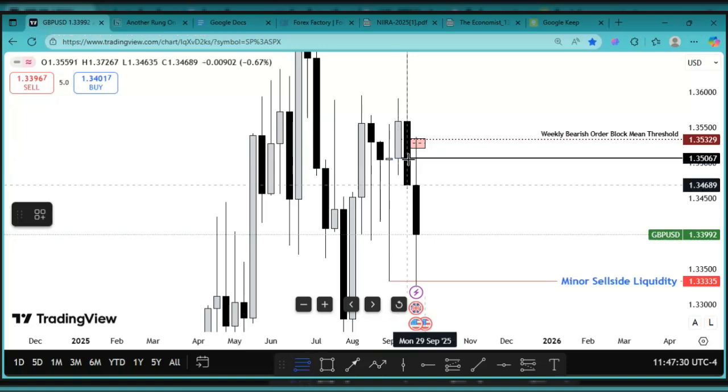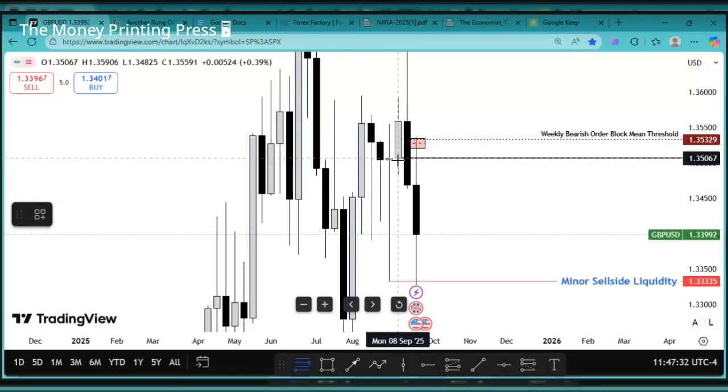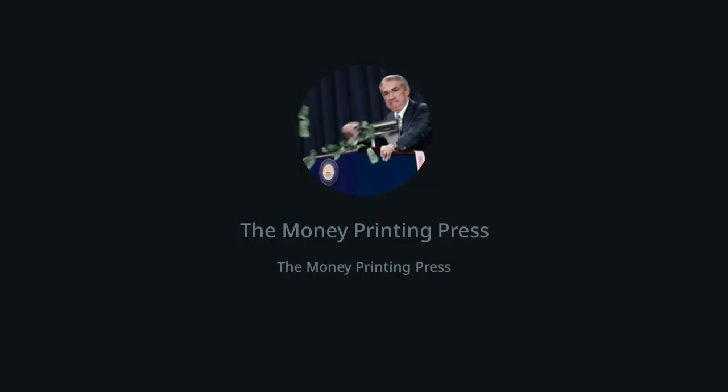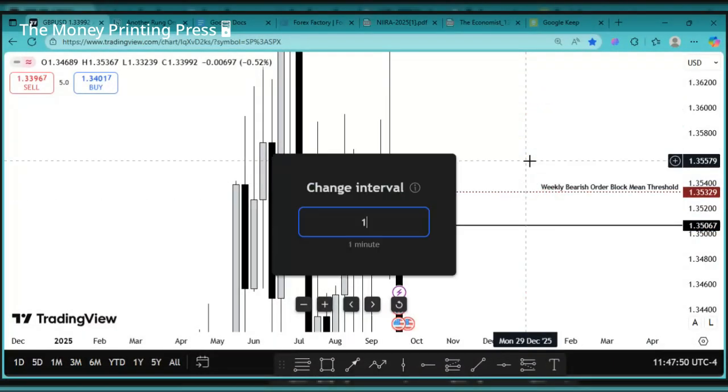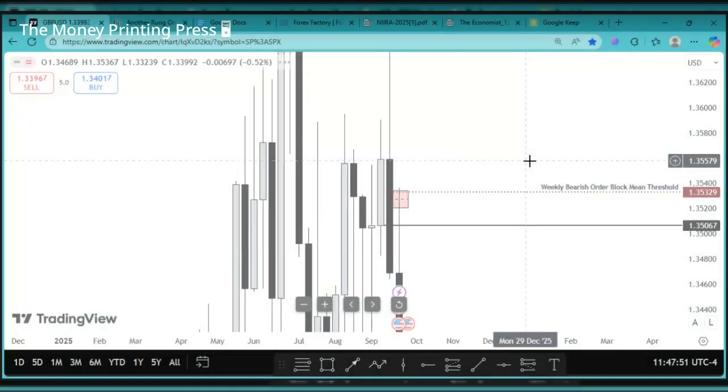Since it is on the weekly chart, it's a weekly order block. This is the weekly bearish order block mean threshold. Then I go to the daily, and then you can see clearly this is it.